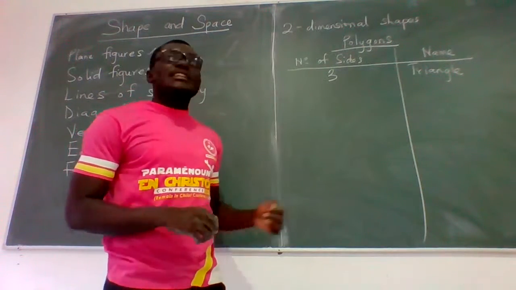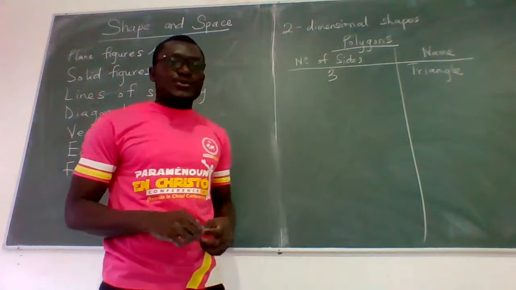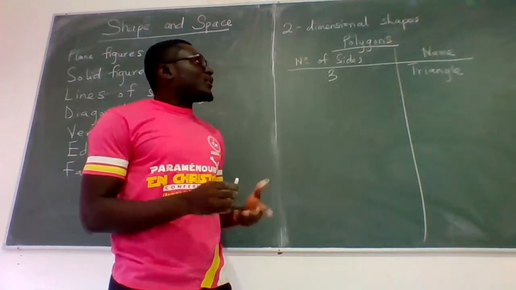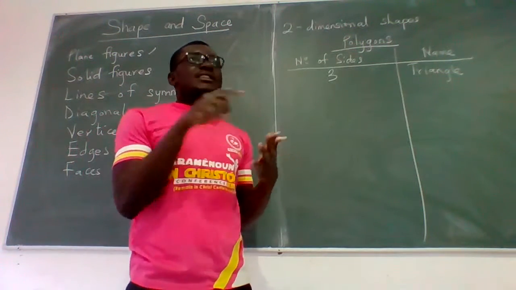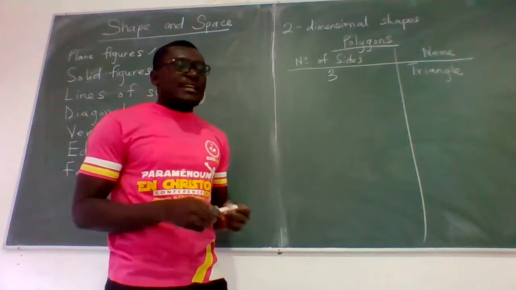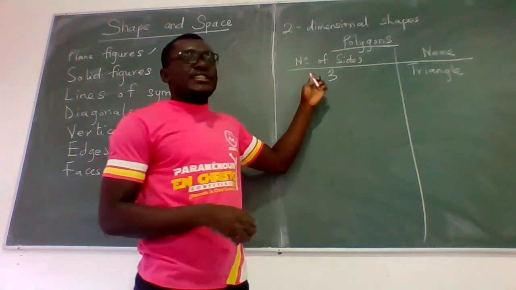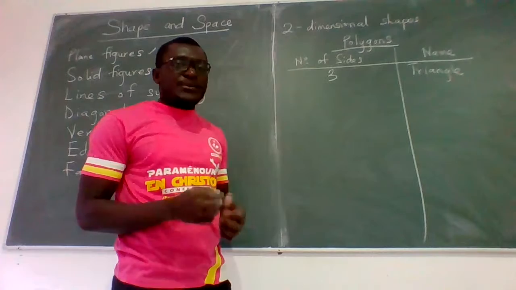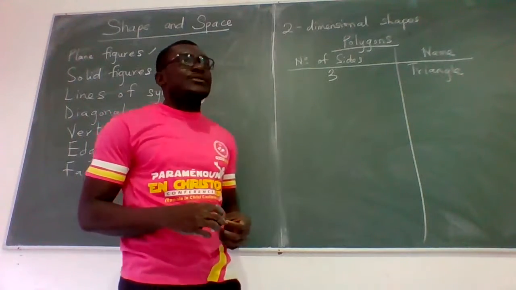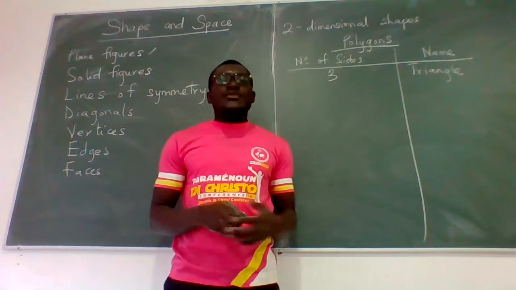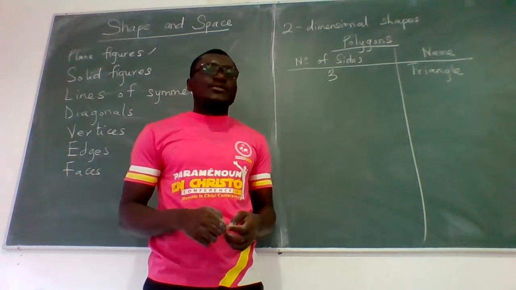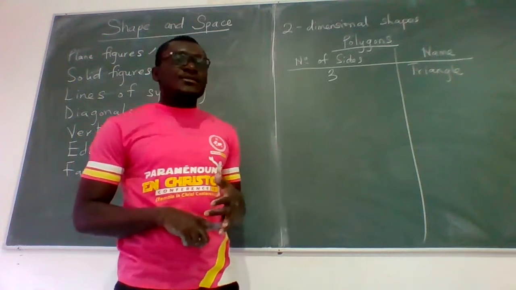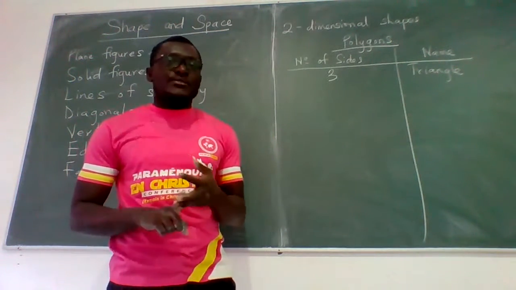But actually, a triangle is also a polygon. So a polygon is a closed-sided plane figure. And then, like I said, the smallest you can get is this one with 3 sides, which we call the triangle. Only that with a triangle, we have different types of triangles. We have the scalene, the isosceles, and then the equilateral triangles.